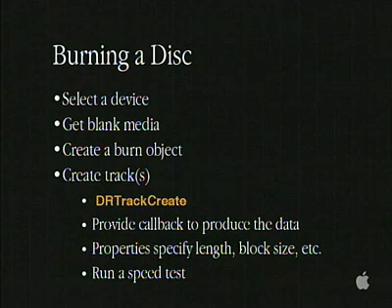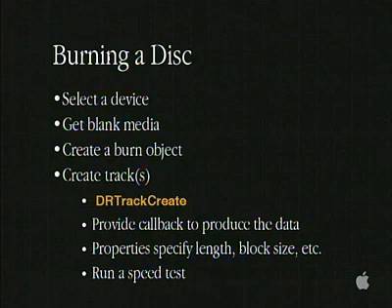Go clean up, and that's it. Then the properties on the track, every object has a properties dictionary. The properties on the track specify the length of the track, the block size, and things like that, all the MMC description of the track. And again, you want to make sure you run a speed test to find out how fast you can produce the data. And that's how you make sure you avoid underruns.